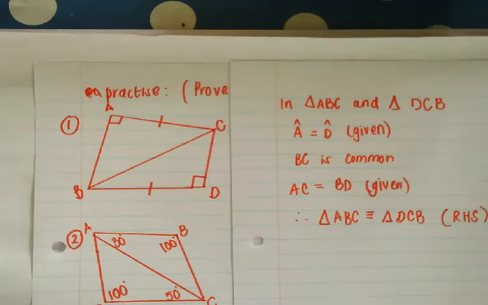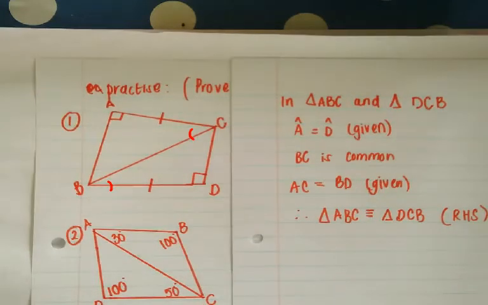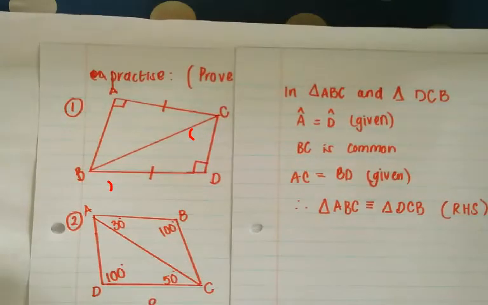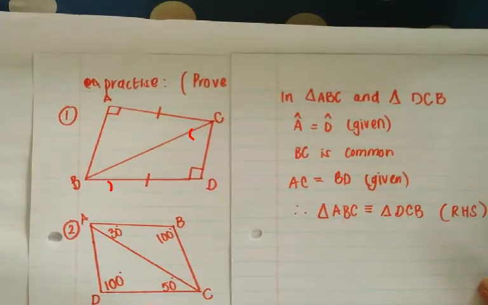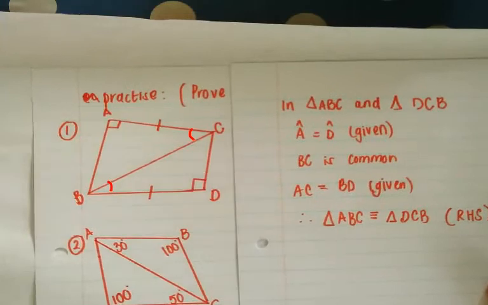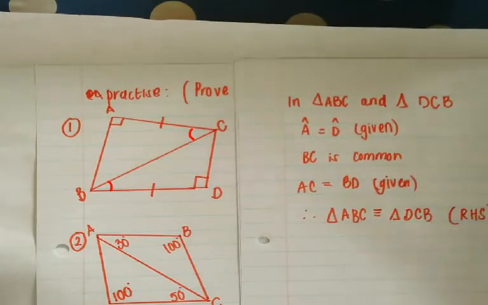The line that I was given is this line, and the line I was given is that line, so this would be the included angle. So SAS is not an option. I only have one angle given to me, so two angles was not an option. So RHS was the one that I was going to use.